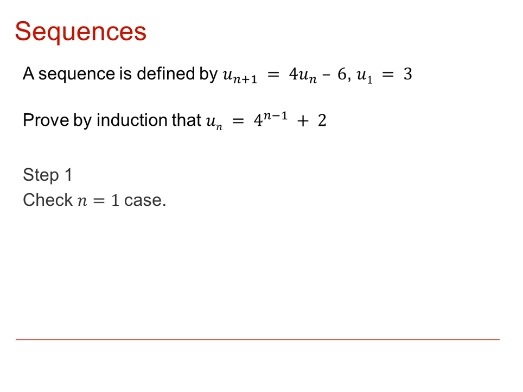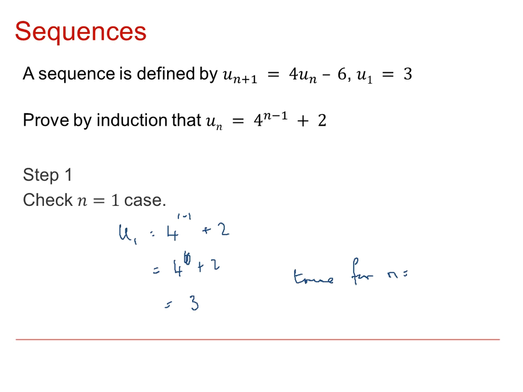When n is equal to 1, we can see that u1 by our formula would be 4 to the power 1 minus 1 plus 2. That's 4 to the power 0 plus 2, and that's equal to 3. So it's true for n equal to 1.